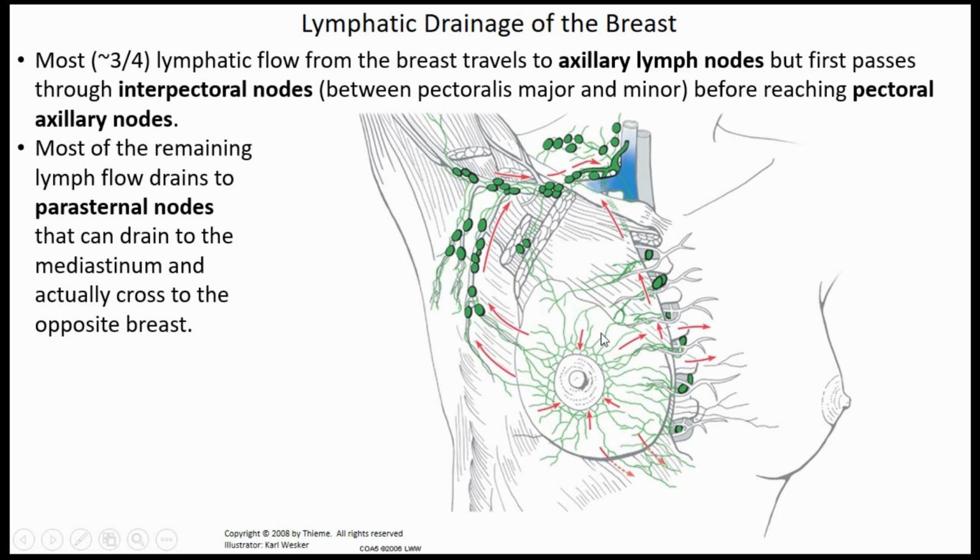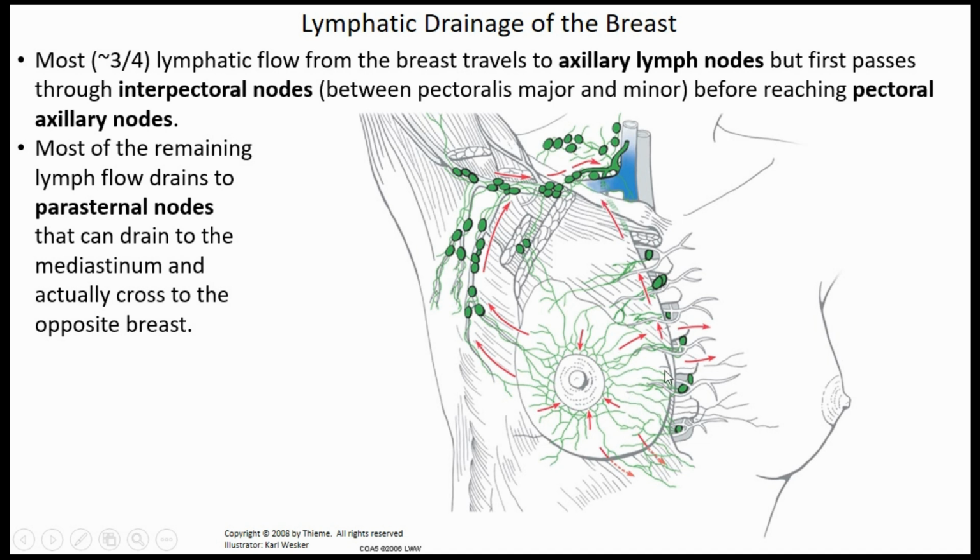The remaining 1/4 of lymphatic fluid from the breast tends to drain towards what are called parasternal lymph nodes, which, like their name implies, are going to be alongside the sternum. Now, these are going to send lymph along something called the bronchomediastinal trunk that reaches the same place. All lymph in this area wants to get to the subclavian vein on the affected side.